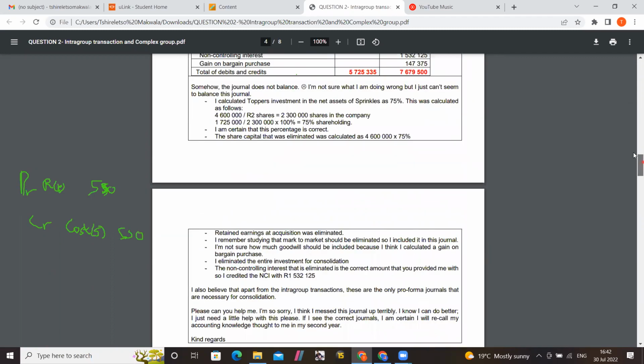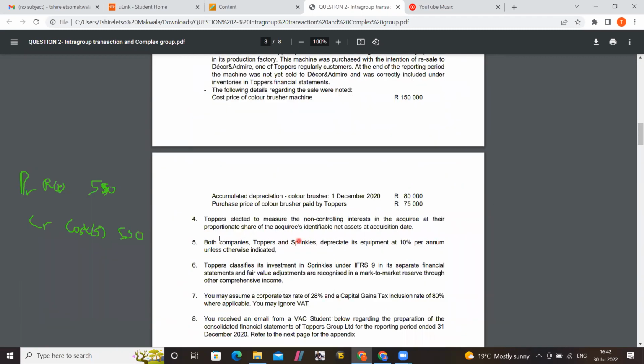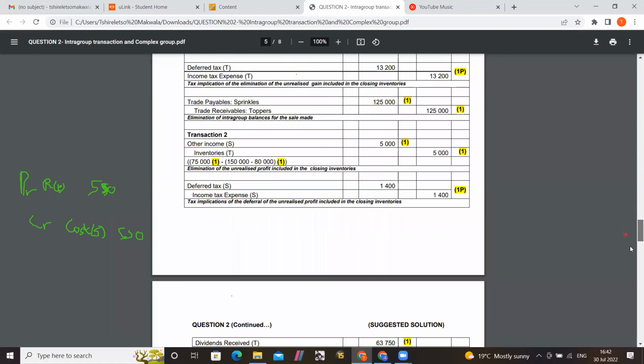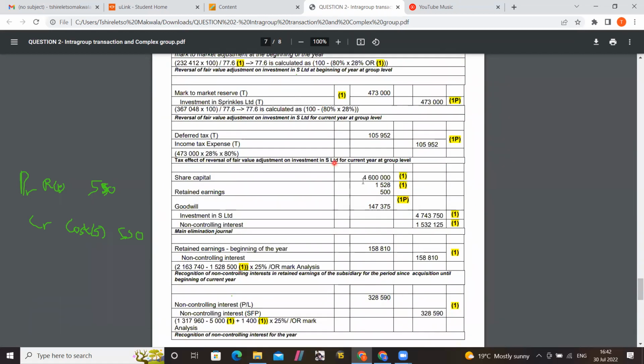And then something else that I wanted to show you before I close up. They say the non-controlling interests are measured using their proportional net assets and liabilities, right? You just add all of the equity, because the only equity you have is share capital and retained earnings.